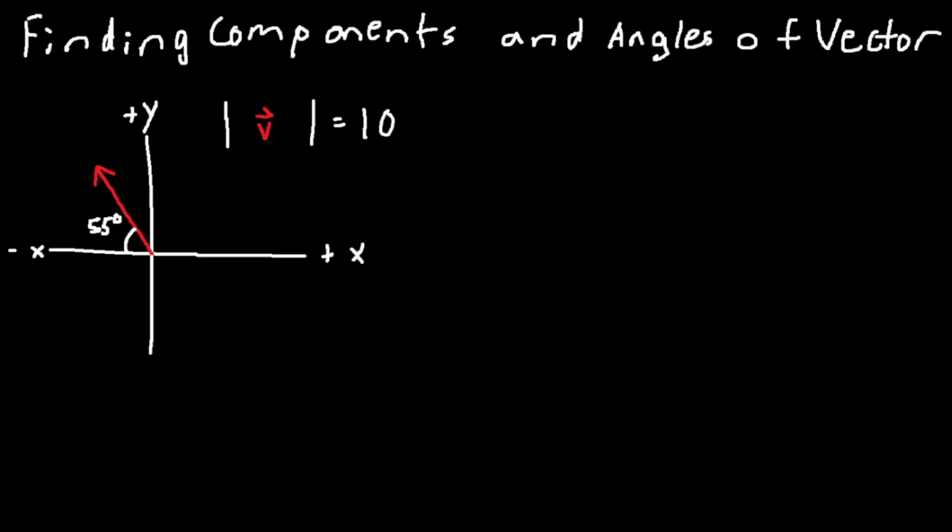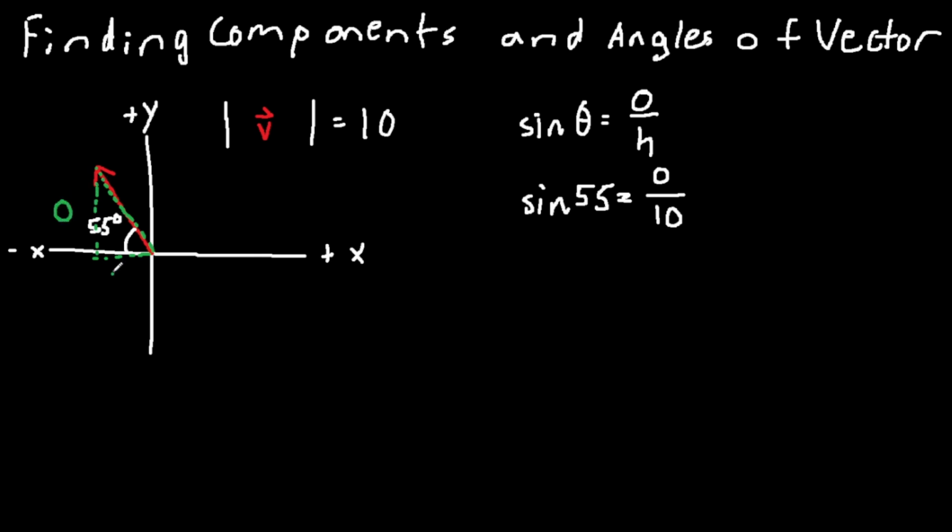What do we do? Well, we can use the sine and cosine functions. Sine of theta, or sine of this angle right here, whatever angle we're comparing it to, is equal to opposite over hypotenuse. We have the angle, 55 degrees. We don't have the opposite value, but we can solve for it. The hypotenuse is basically just the magnitude, is it not? This is a triangle, remember. This is the opposite value, this is the adjacent value, and the hypotenuse is up here.